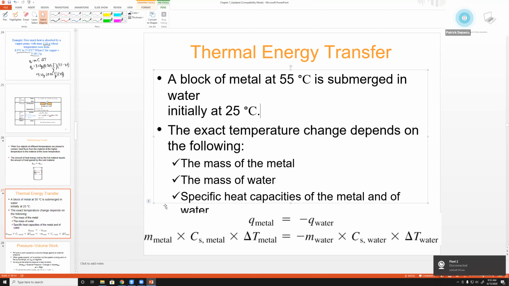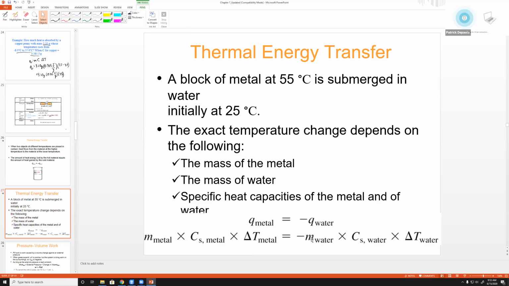All right, so what you can do is, the metal has its own equation. It depends on the mass of the metal, the specific heat of the metal, and delta T would be T final minus 55.